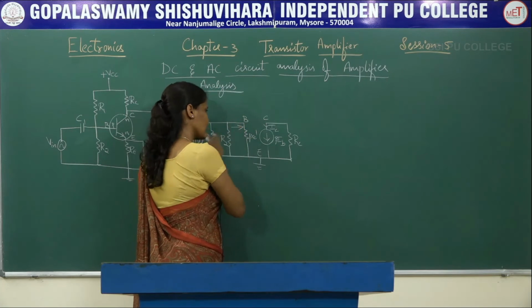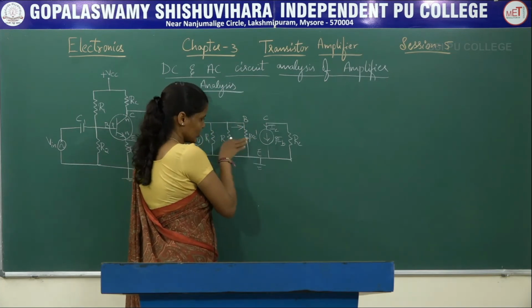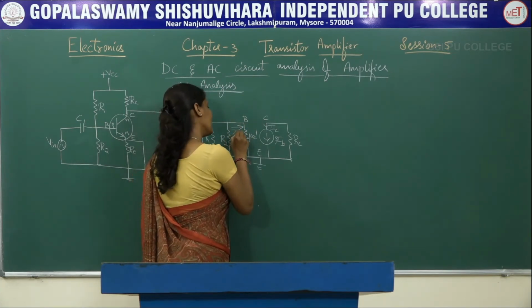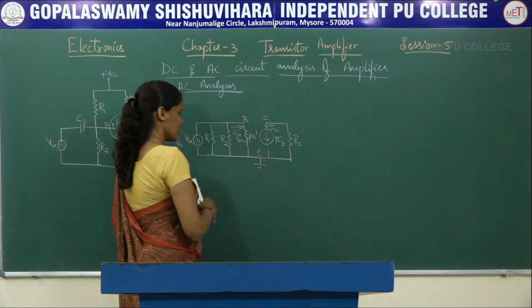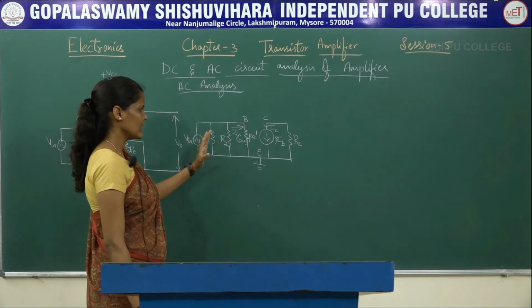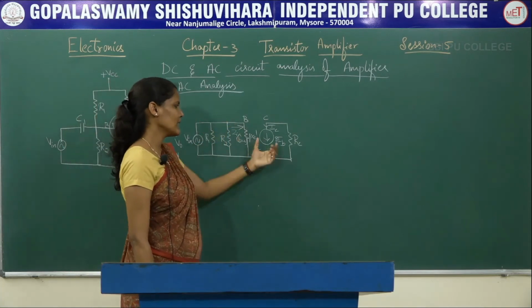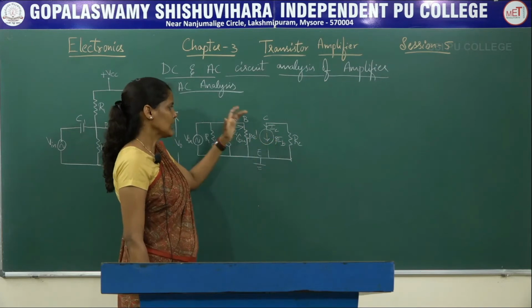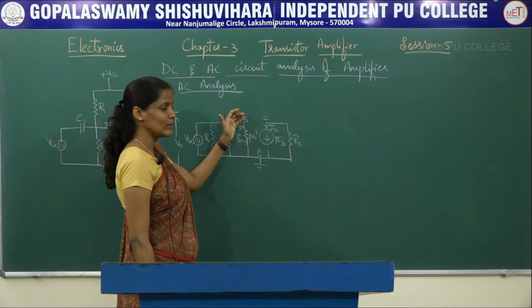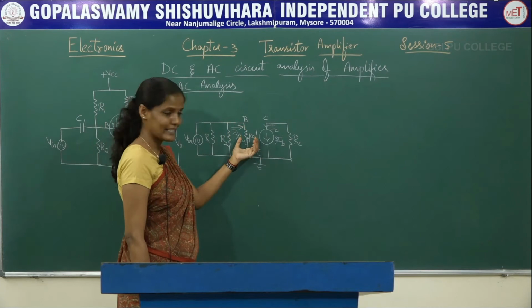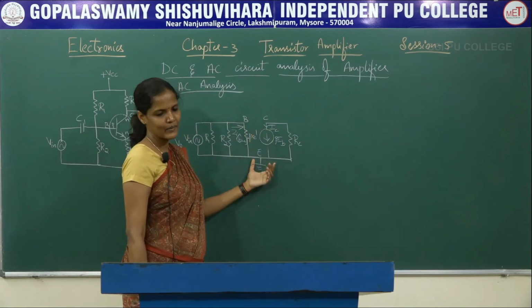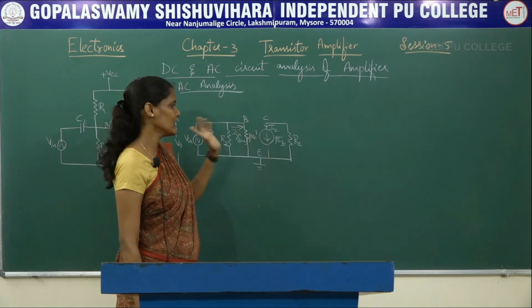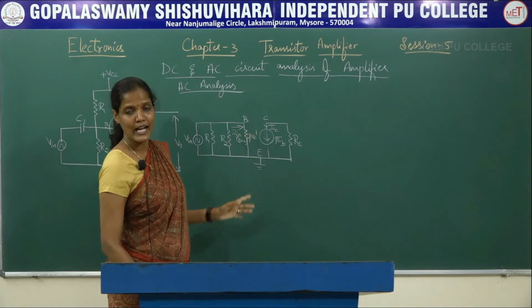And the resistance, when looked towards this base, will be called the Zin base. So R1, R2, Zin base, and this is the current source we are going to use. The emitter and the base terminal will be connected through the resistance. Collector and the base junction will be replaced with a current source, that is beta IB.